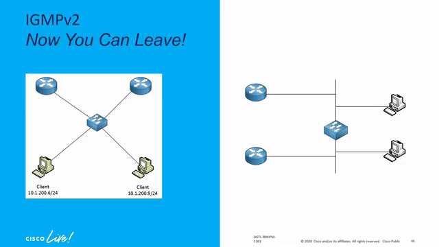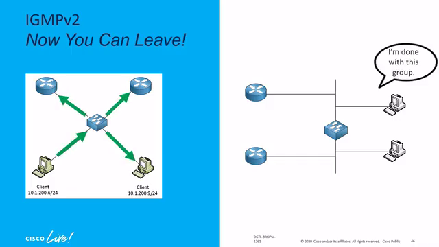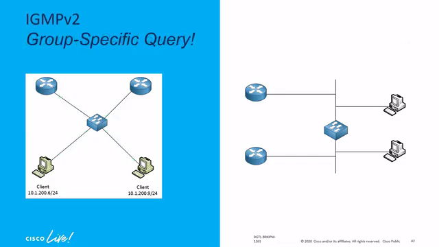They also introduced a leave message, an IGMP report that says, I'm leaving. How it works is that the host will say, I'm done with this group. It'll send an IGMP message for a multicast group that says, I'm leaving. What that does is it triggers a response from the multicast router, the last hop router for the segment.